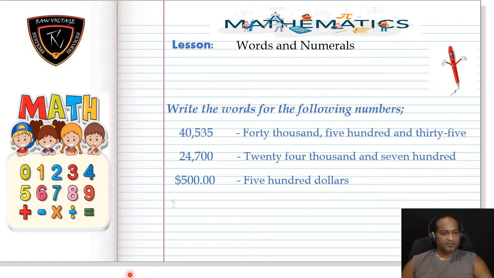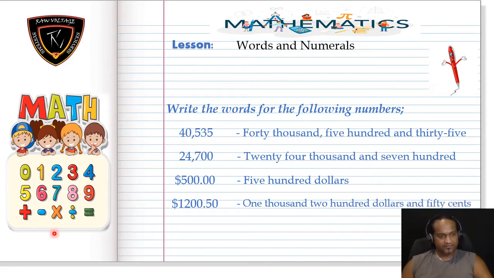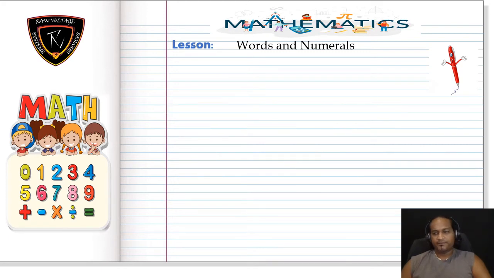If I have another, 1200.50, this is read as $1,200.50. So that is exactly what I'm going to write. So if I'm given another number, this time a bigger number, 2870534.